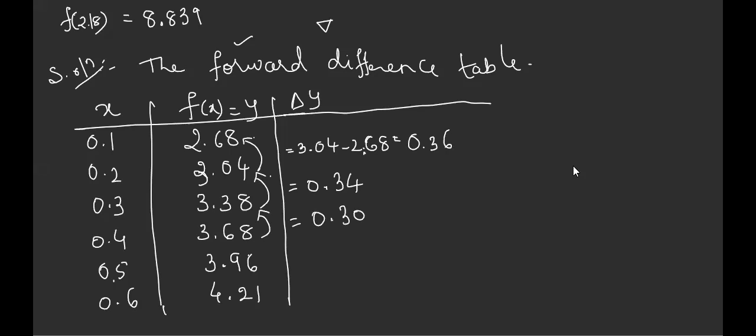Check, is it correct? Yes. Next, 3.96 minus 3.68. 0.28. Okay. This value minus this. 0.25. So this is the first forward difference.